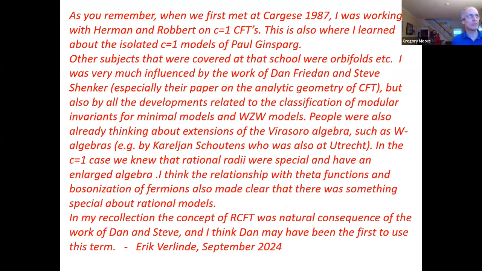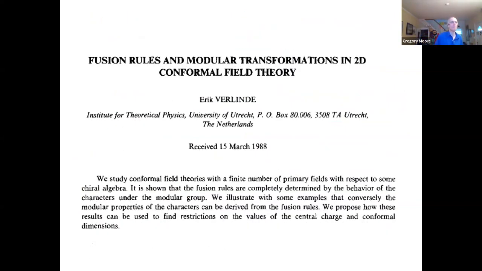And he was saying, it says in this email, you can read it later from the slides, that he really started with this work at Cargèse on C=1. So here's their paper.